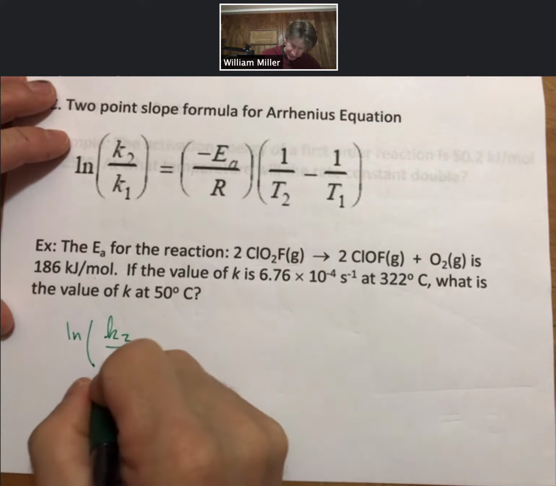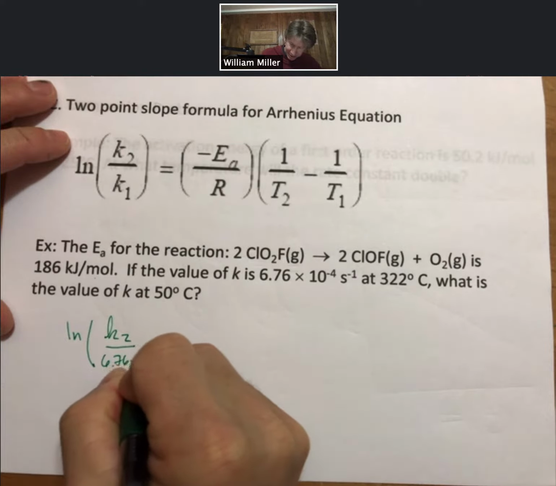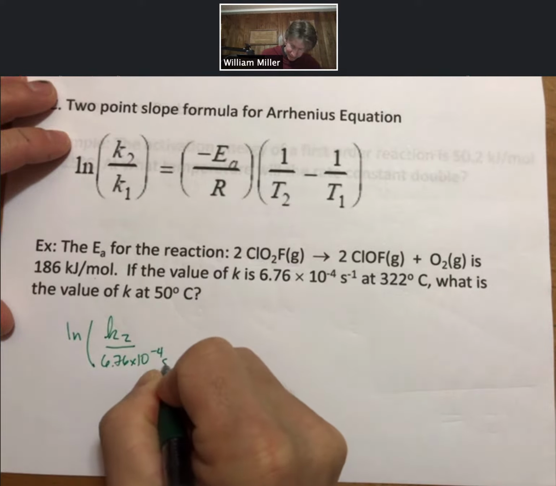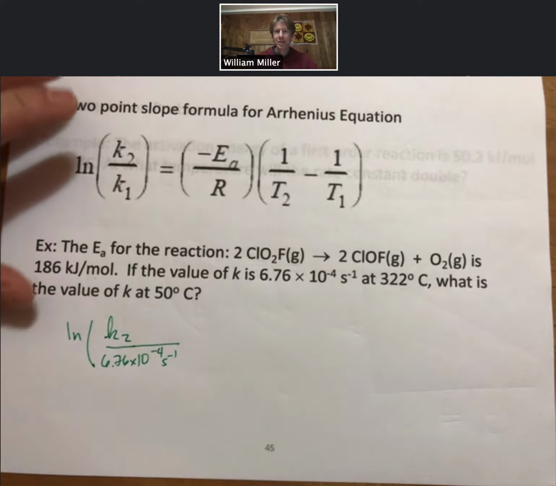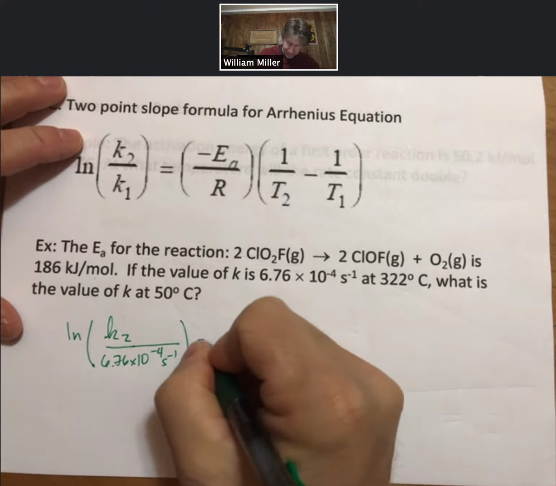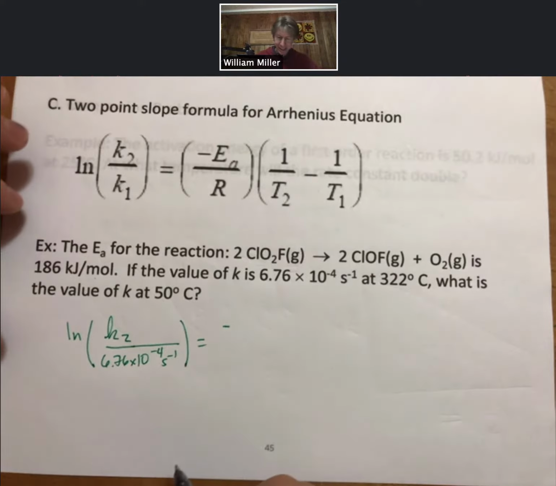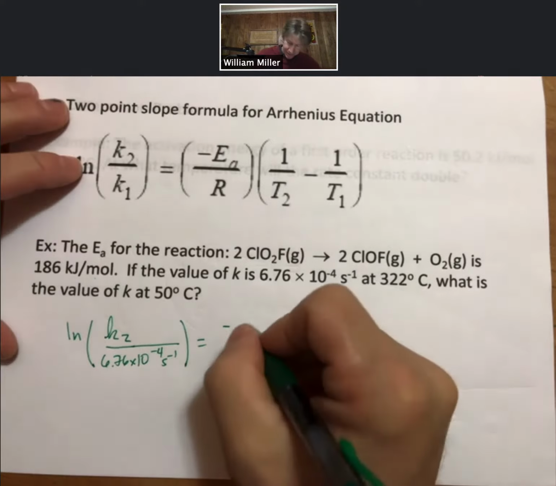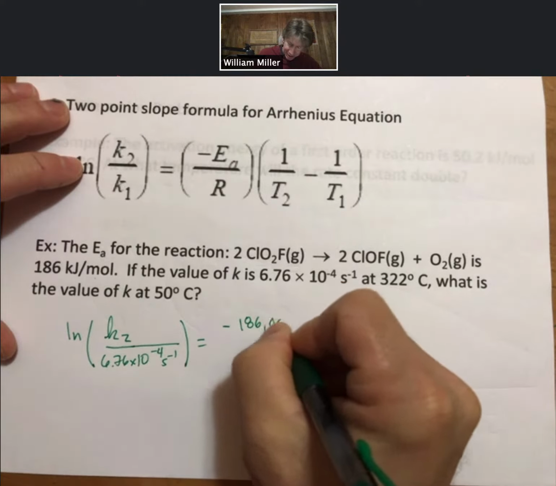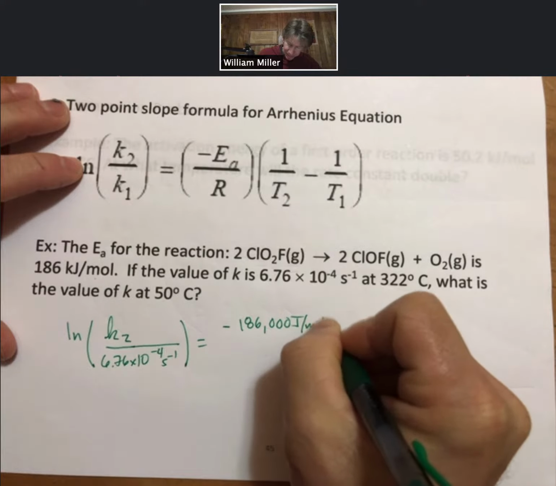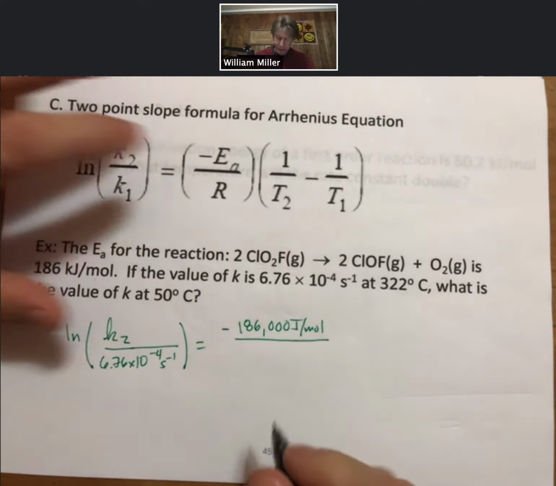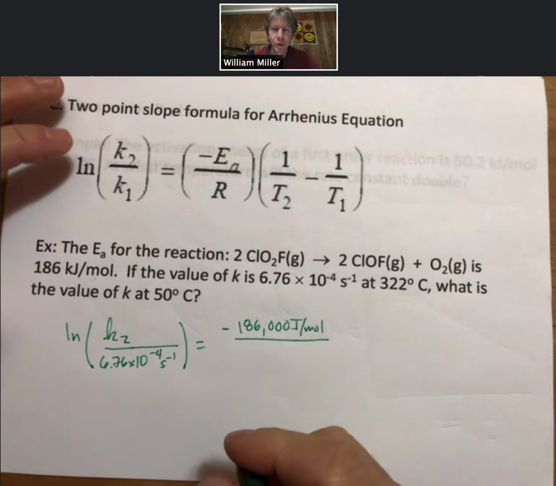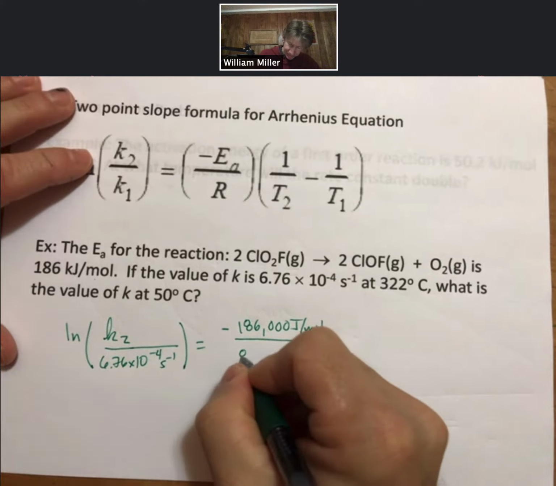K1 is 6.76 times 10 to the minus 4th seconds to the minus 1 equals minus EA, so that's going to be 186,000 joules per mole over R, 8.314 joules per mole Kelvin.